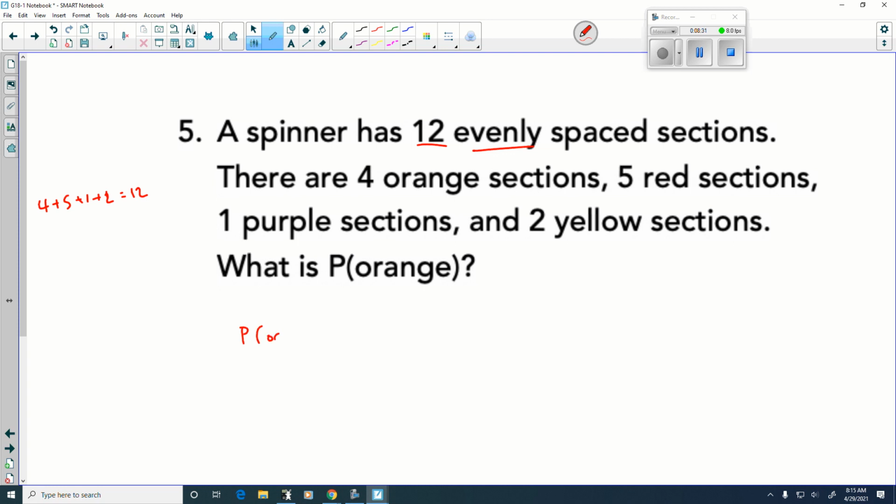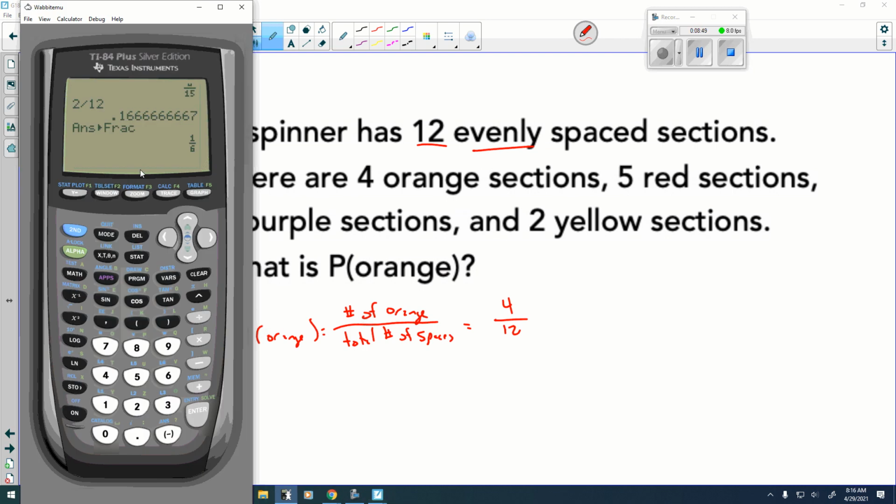So the probability of orange is the number of orange spaces over the total number of spaces. So there's 12 spaces, 4 are orange, and of course you could reduce that if you wanted to on your calculator, or perhaps the old-fashioned way, and we get that this is 1/3.